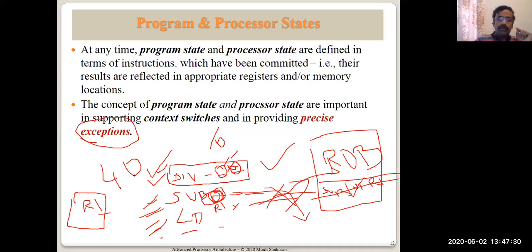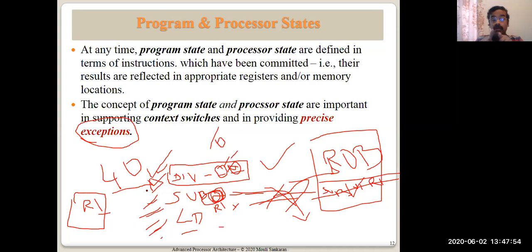Now, when the CPU generates an exception, imagine you are running a debugger and then you are seeing the register contents. Suddenly the debugger says that your hardware raised a divide by zero exception and it is freezing it. It is stopping the execution and then showing you all the register contents.